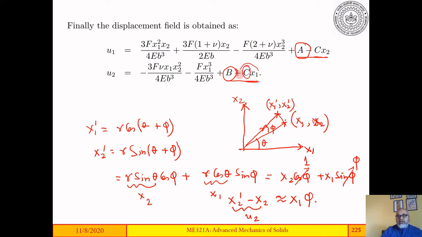So this is your u2, and this u2 is some constant c times x1. If you do this, you will find that x1 prime minus x1 will be almost equal to minus c x2. So these two terms represent a rigid body rotation about the origin by a small angle c.